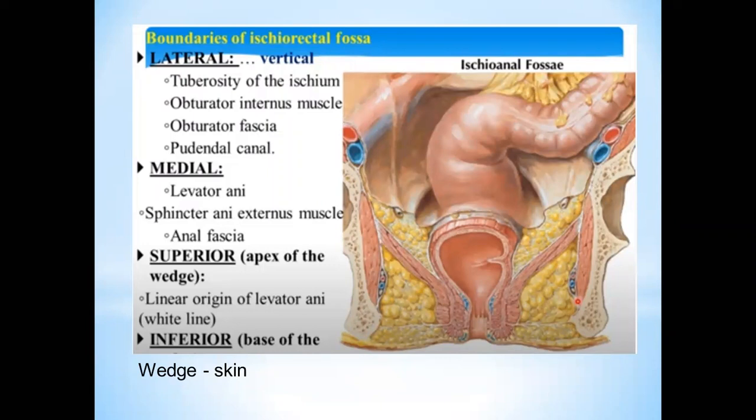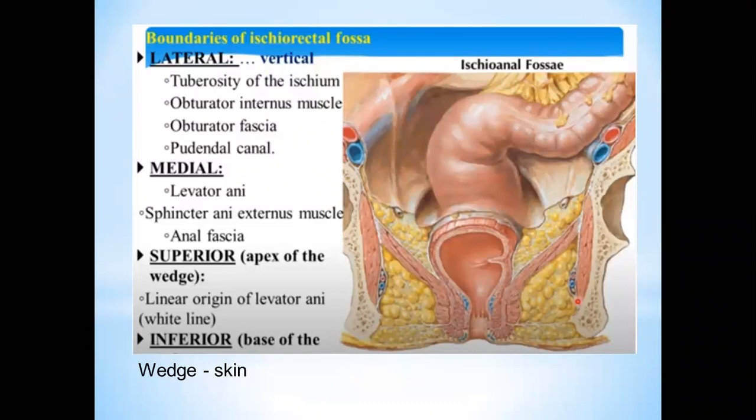To be very simple, you can remember that laterally the main role is the obturator fascia, which is the most important in forming the lateral boundary of the ischiorectal fossa. Medially, it is formed by the external anal sphincter and also the levator ani and the anal fascia.